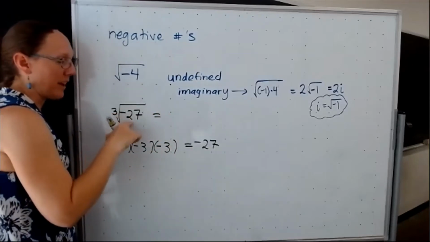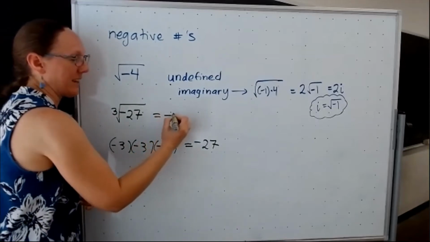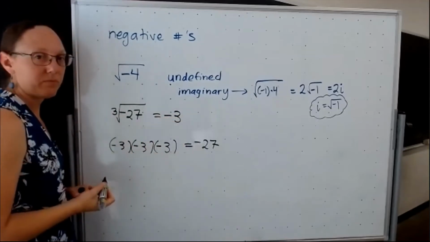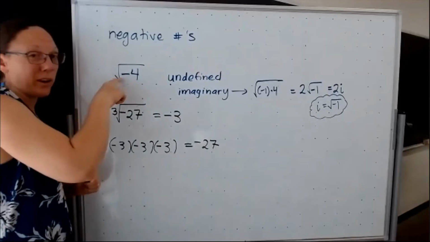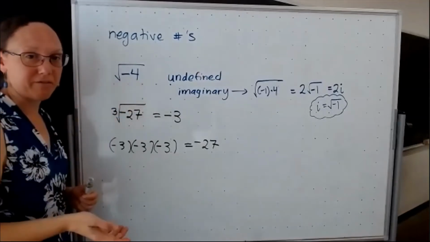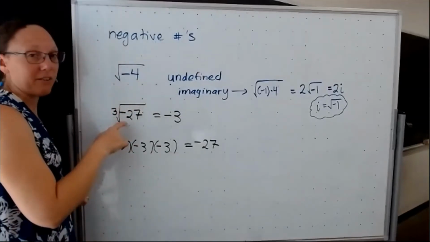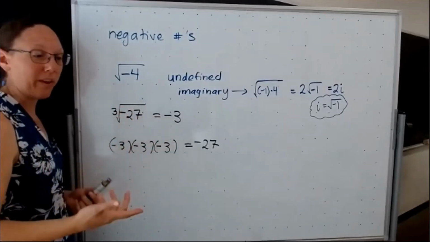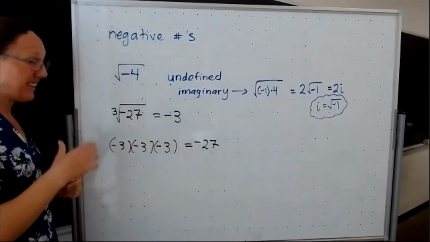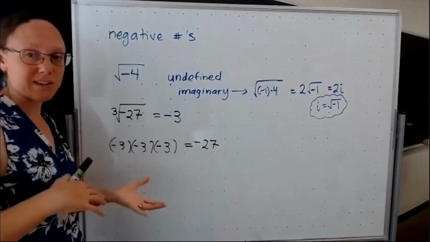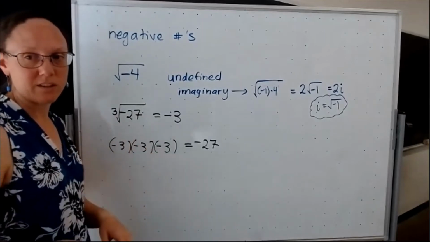So the cube root of -27 is -3. Square roots of negative numbers, undefined. Cube roots of negative numbers just mean that we end up with a negative value. This trend continues in terms of positive roots, negative roots.